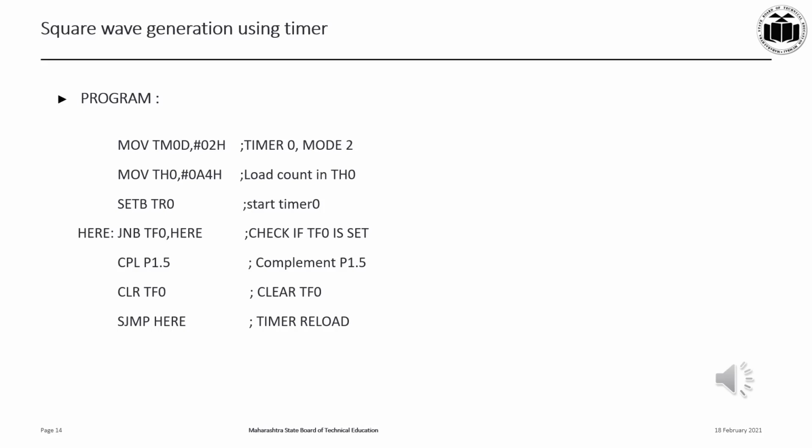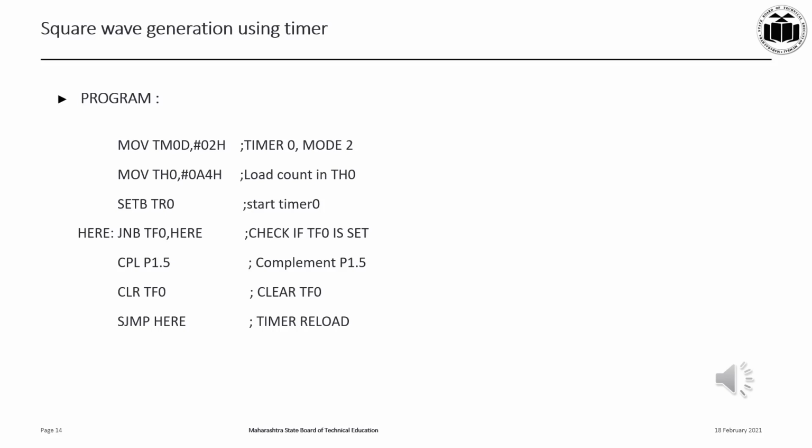Next we clear the TF0 flag, and again we go back to check the flag status. As we are using mode 2 of the timer, we never stop the timer. We keep the timer in run mode. When the overflow occurs, the original count gets automatically reloaded, so we don't load the count again. Because the count gets automatically reloaded, we jump directly to check the overflow flag.